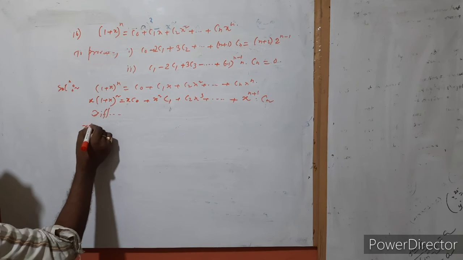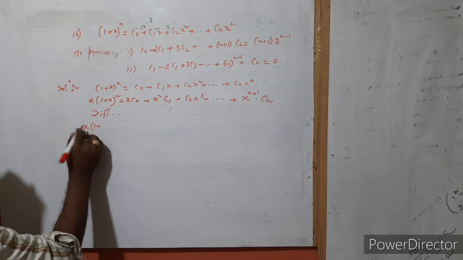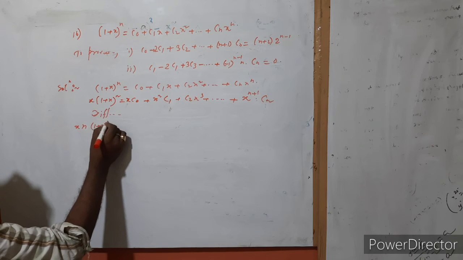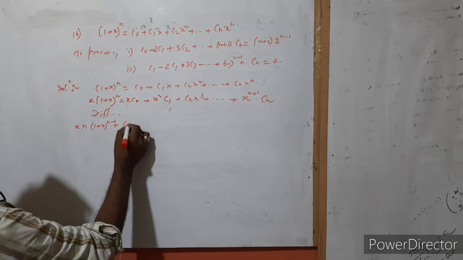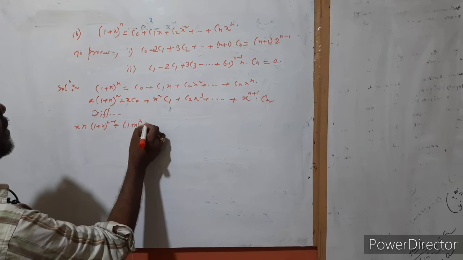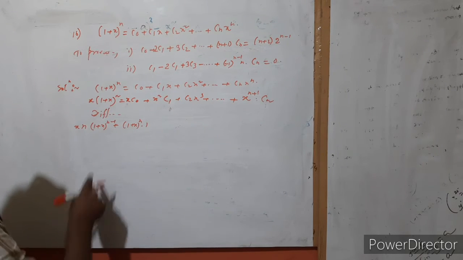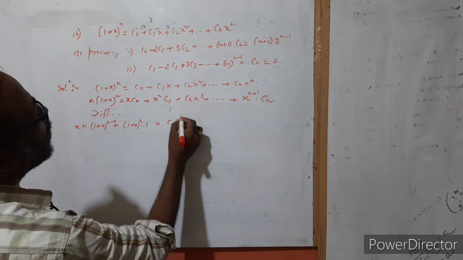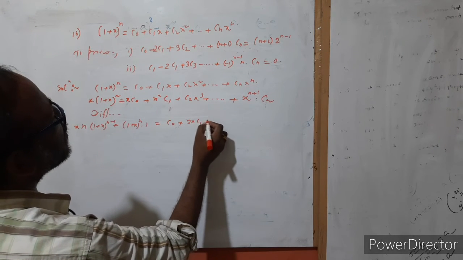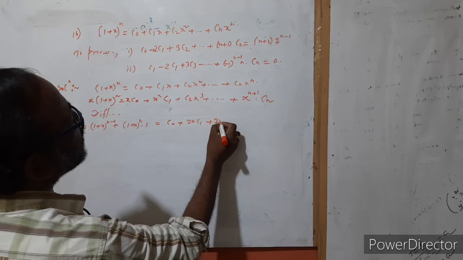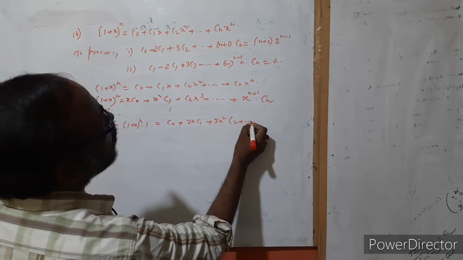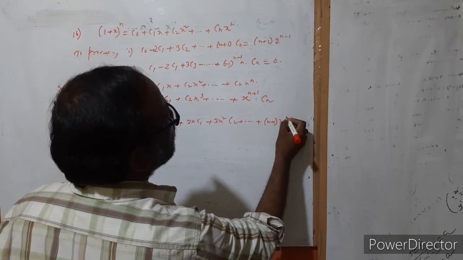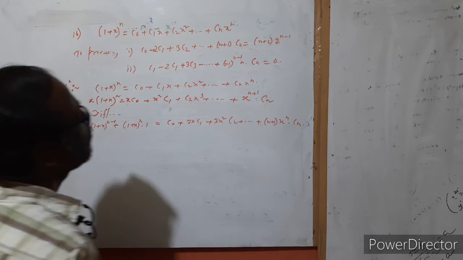Okay, x into n into 1 plus x whole to the power n minus 1, and again 1 plus x whole to the power n into the derivative of x which is 1, u into v, and like that c0, 2x c1, 3x square c2, like that. Okay, n plus 1 x to the power n cn.